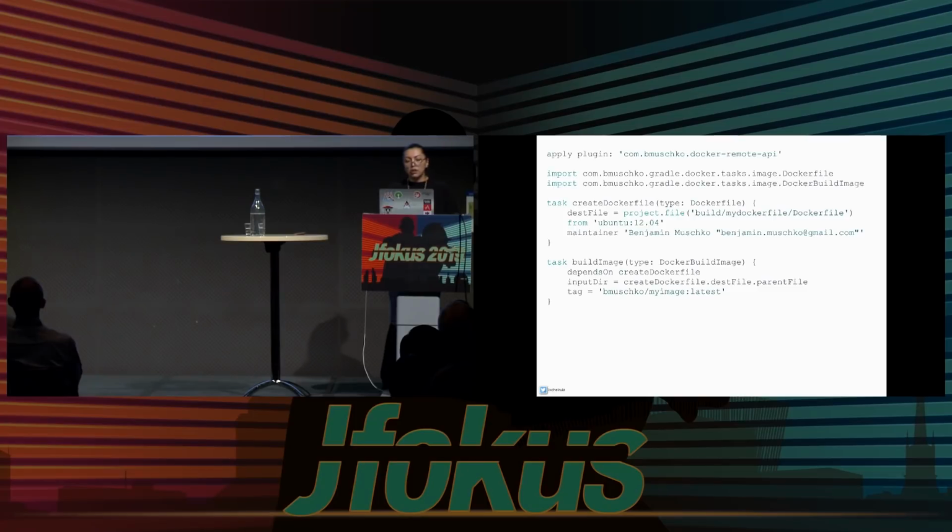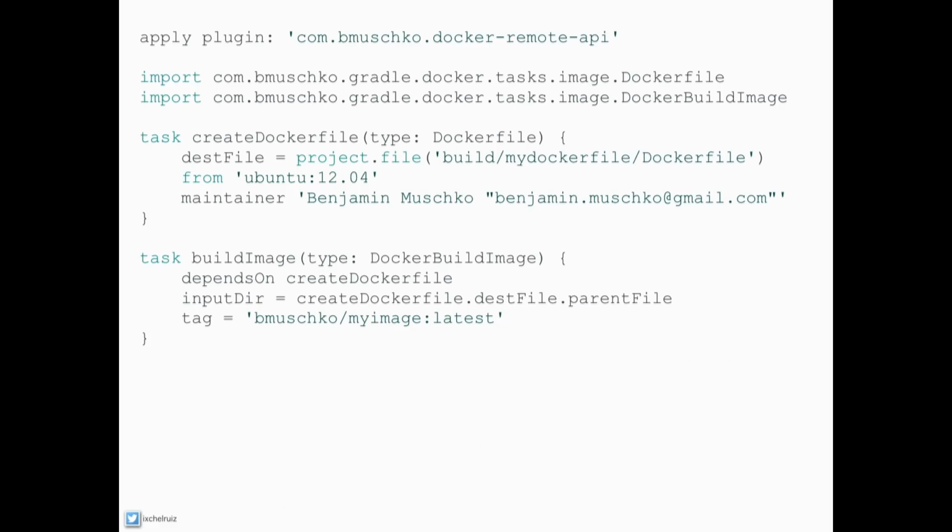This was created by Benjamin Muschko, and you install the Gradle plugin, and you can create your own images. You can specify how to create them, you can tag them, you can push them to your local repository. So that's what we were doing in our continuous integration.